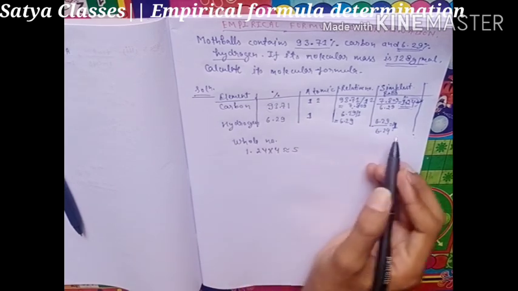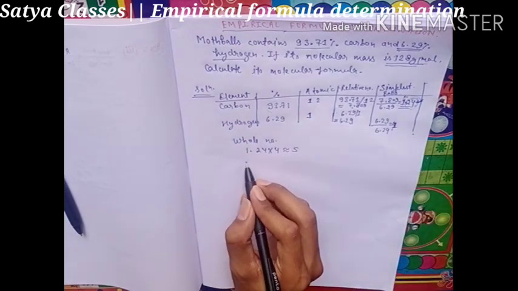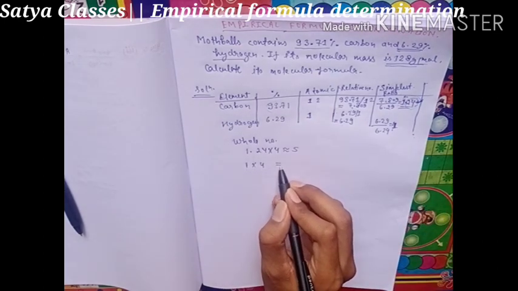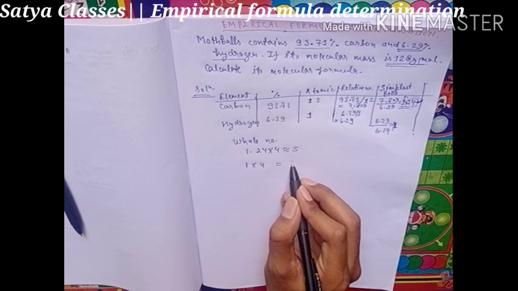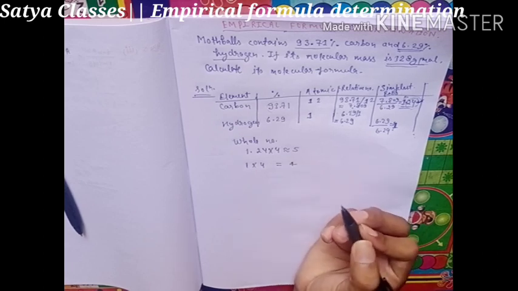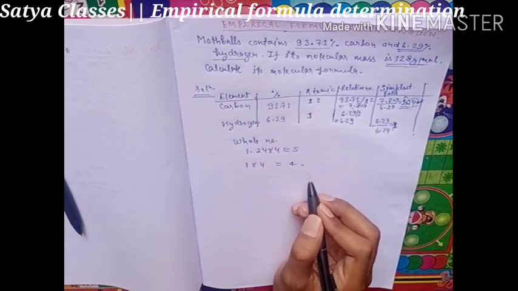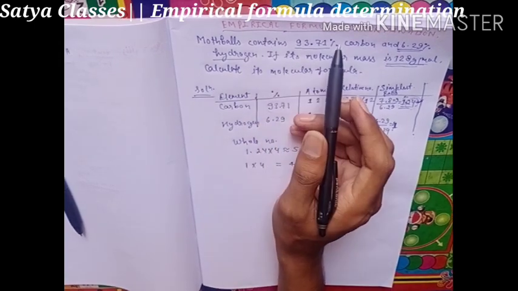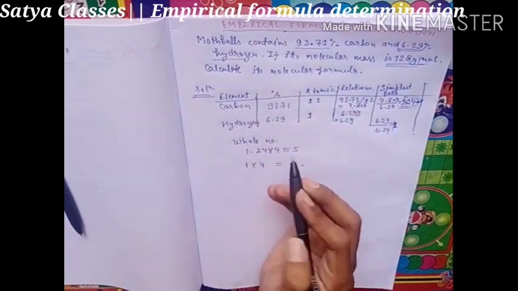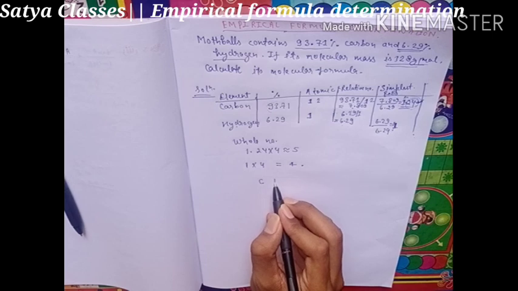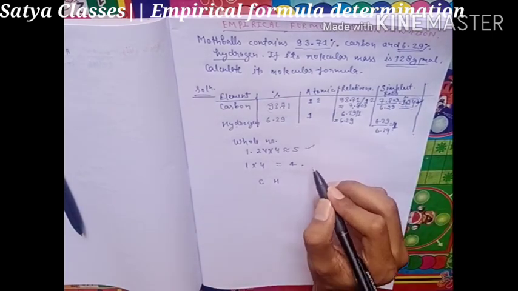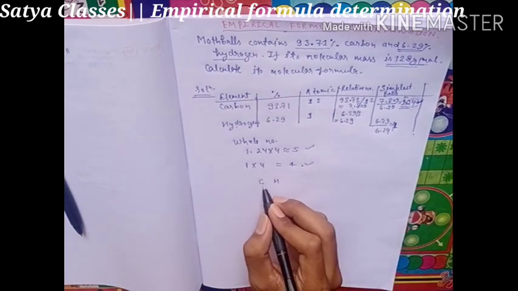Understand? And for the other you again have to multiply with 4 so that balancing can be done, so it becomes 4. Now for determining the empirical formula, these elements are written side by side along with their whole numbers as subscripts.